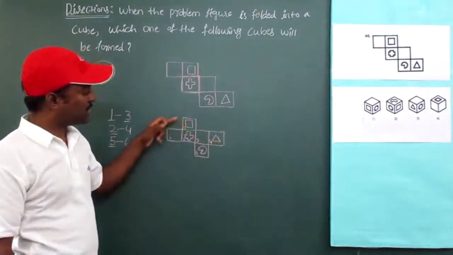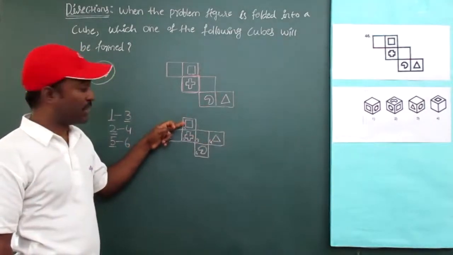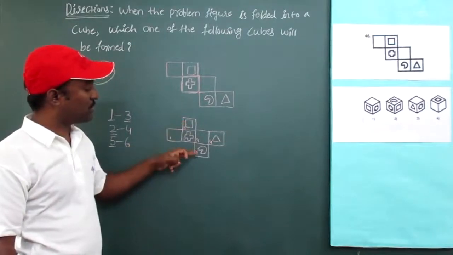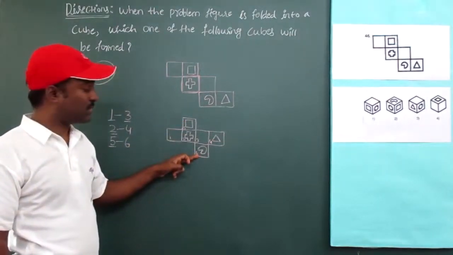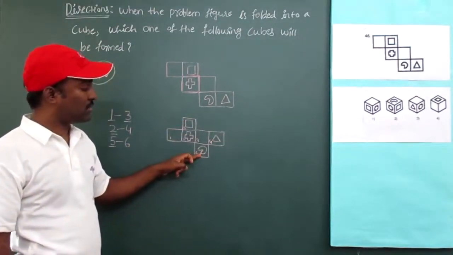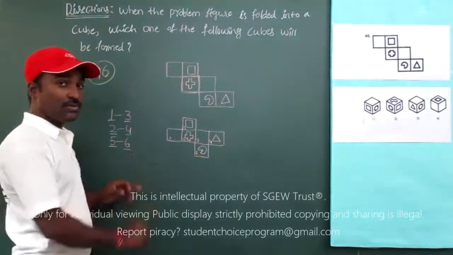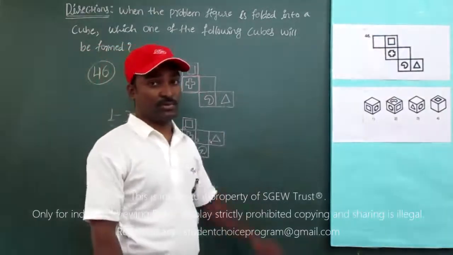And the last, that is the fifth face, which has one square present here, will be opposite to the sixth face, and the sixth face contains a circular shape, which is here. Using this, I will eliminate some of the options.